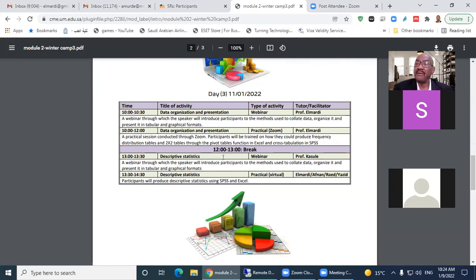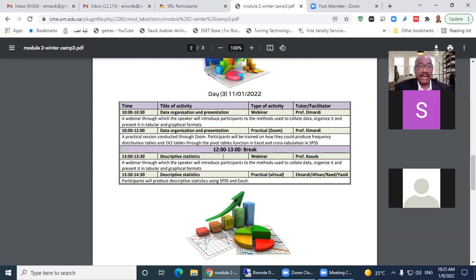SPSS, a trial version. You download a trial version, you can use it for training. But the university already prepared 10 computers in Computer Lab 1 with SPSS. So anytime you have time, you can come and exercise, and also you can use these computers for the analysis of your data.